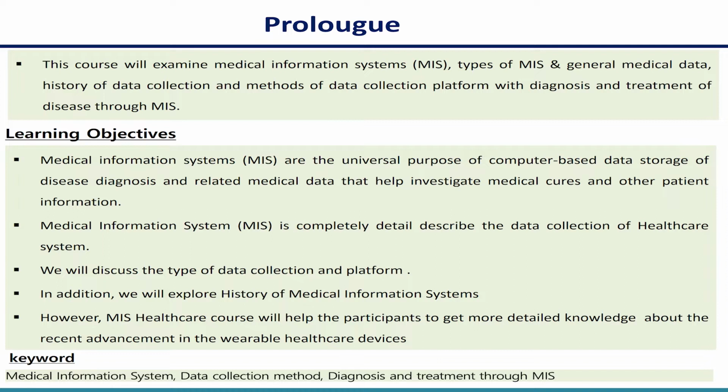Your X-ray, your blood test, your disease issues, all of these are stored in the medical information system, in some servers, right? That server is called the medical information system, which is used to prescribe and find your real problems.